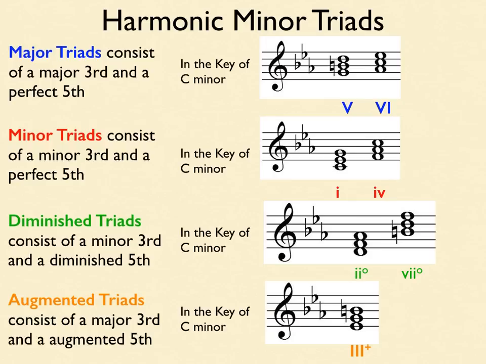Augmented triads tend not to be used by composers because they're quite harsh sounding, they're quite dissonant. So in classical, baroque and even earlier music, it's quite rare to come across an augmented triad, but maybe in the late romantic and 20th century music it's more popular. So it's rare that you use the harmonic minor form for your mediant triads, because it means that you're going to make the mediant triad augmented, and it doesn't sound that good.